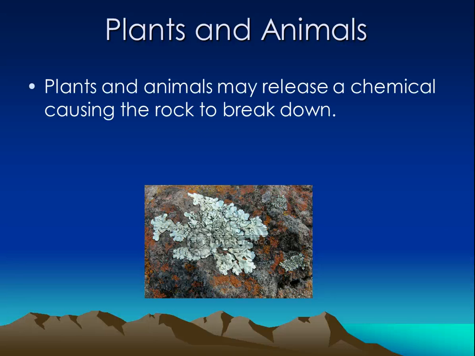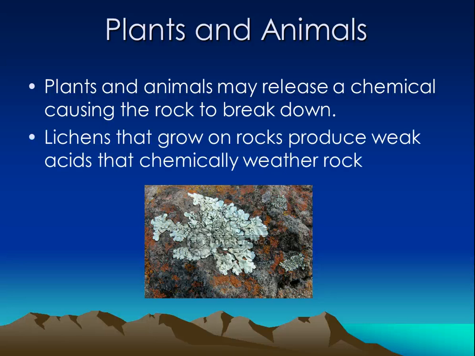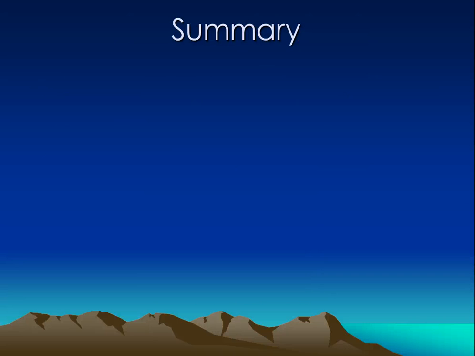There's actually an animal and plant that release a chemical from their body that causes the rock to break down. Lichens is what I'm talking about. They grow on rocks and produce weak acid that will chemically weather the rock and break it down into smaller pieces. That is the end of this mission.